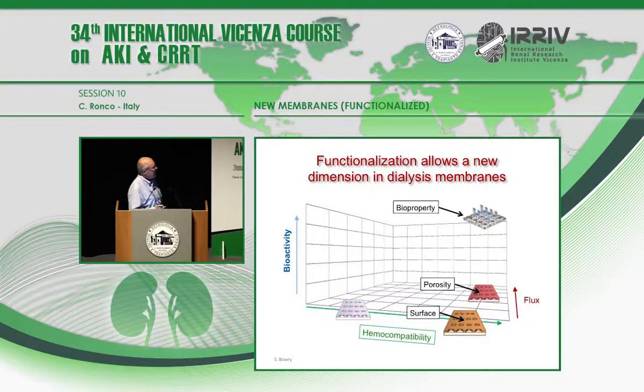Then, after that, we didn't understand clearly whether the better results were because biocompatible membranes were high flux and bioincompatible membranes were low flux.